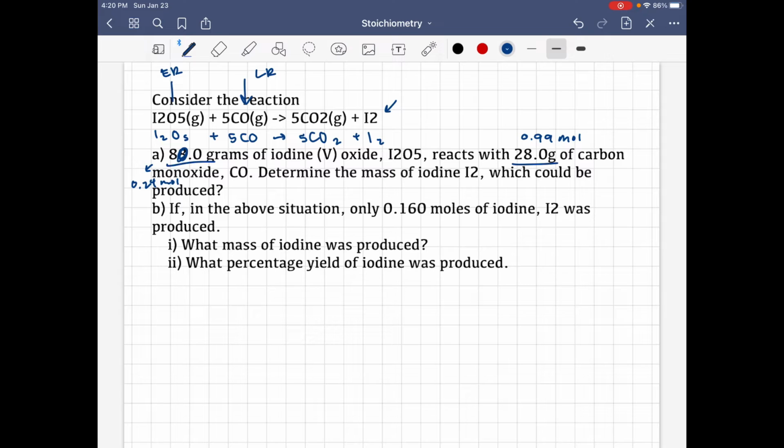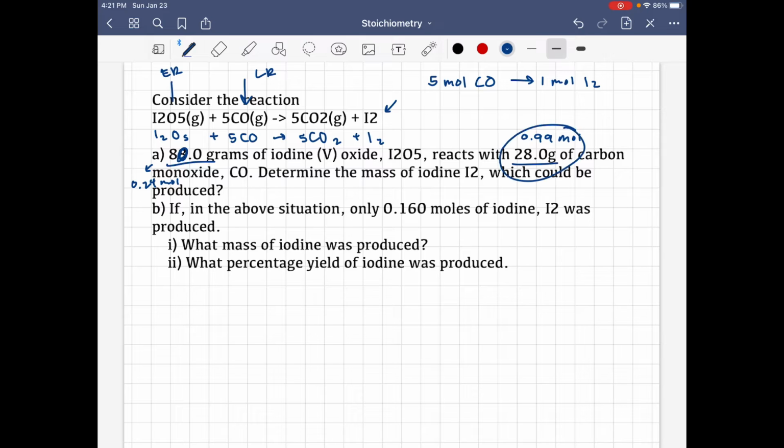Determine the mass of I2 which can be produced. From this chemical equation, 5 moles of CO produces how much I2? 1 mole, right? So it produces 1 mole of I2. Now, what do they give us?